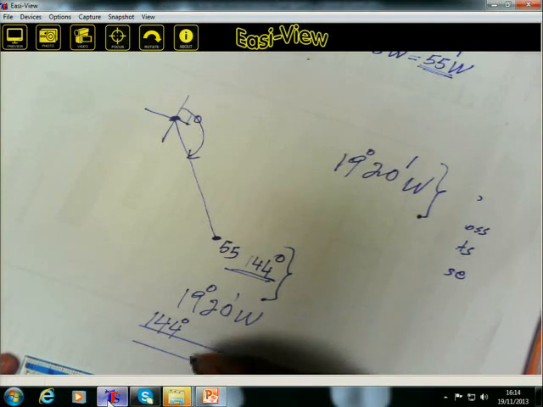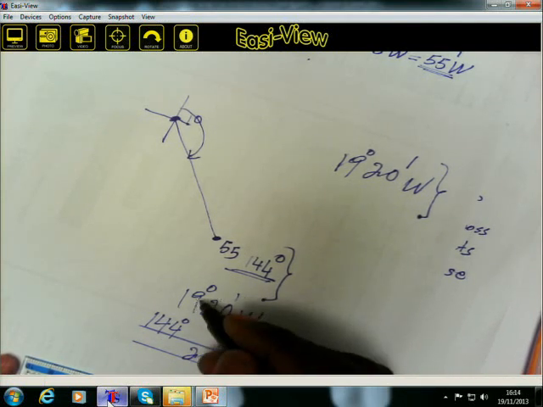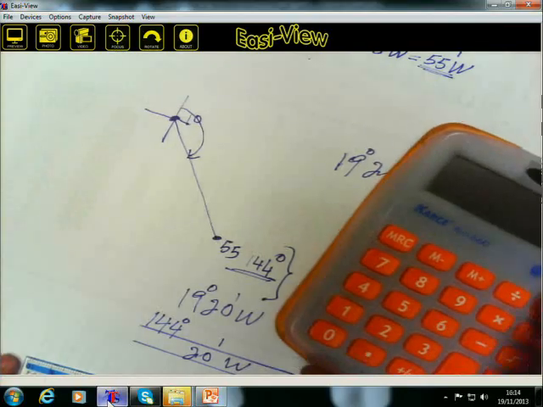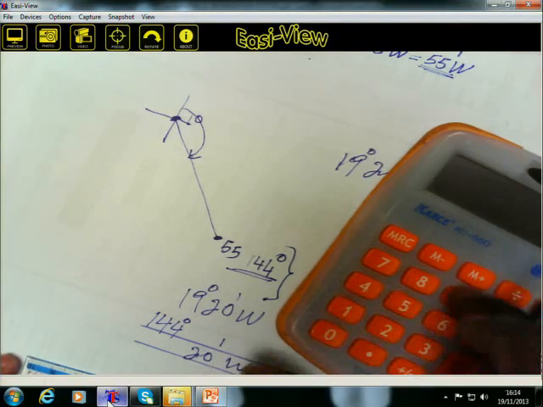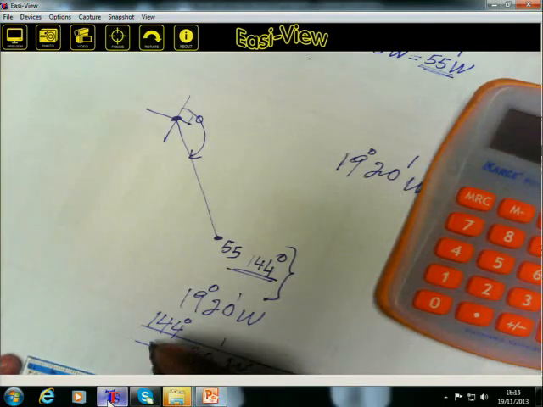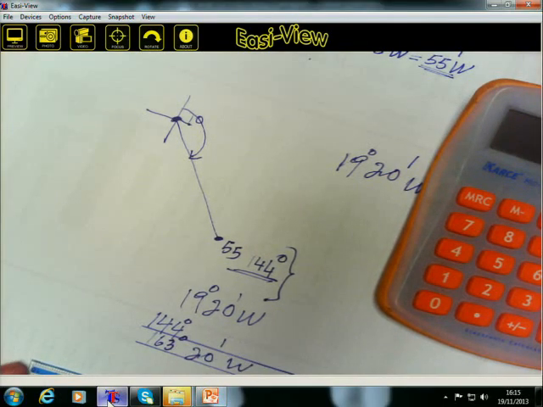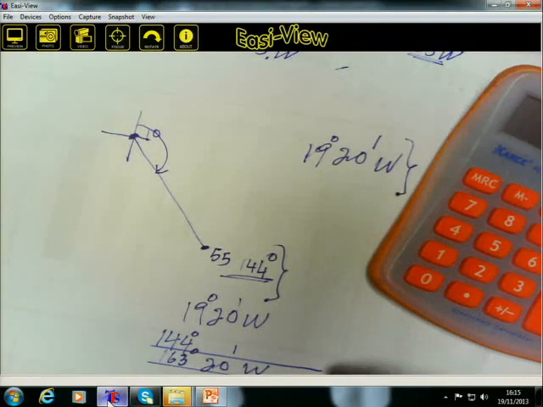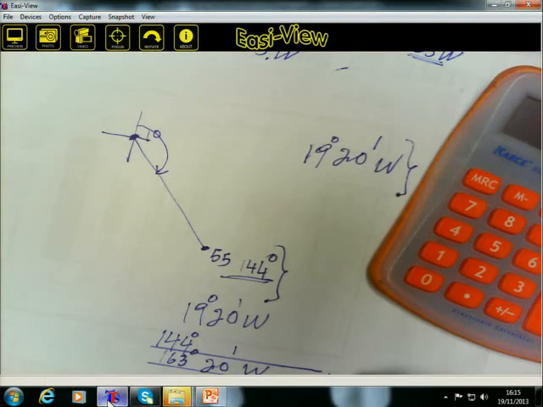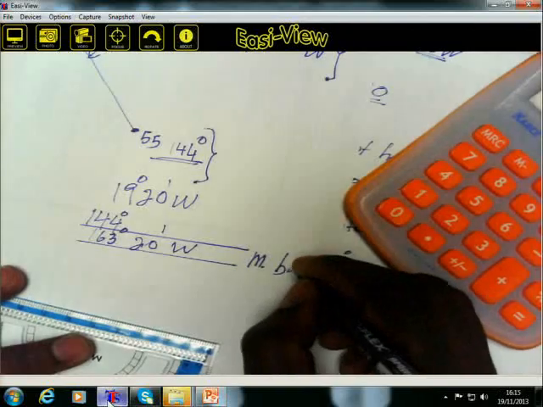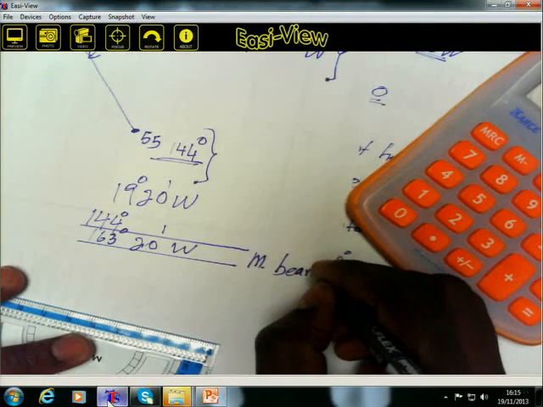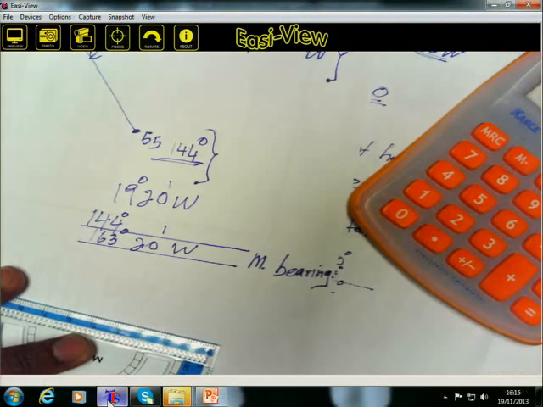Answer to the west, we've got 20 minutes. Add now. 144 plus 19 will give me 163 degrees. This will be my magnetic bearing.